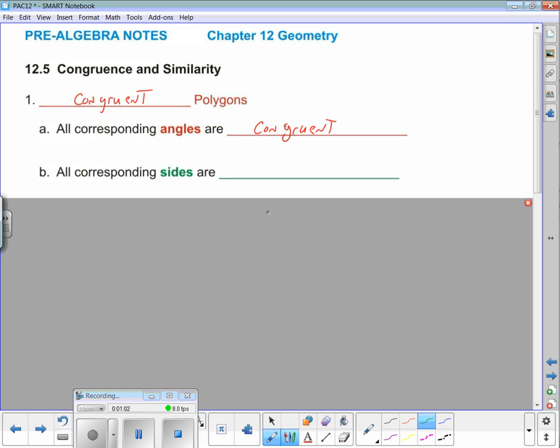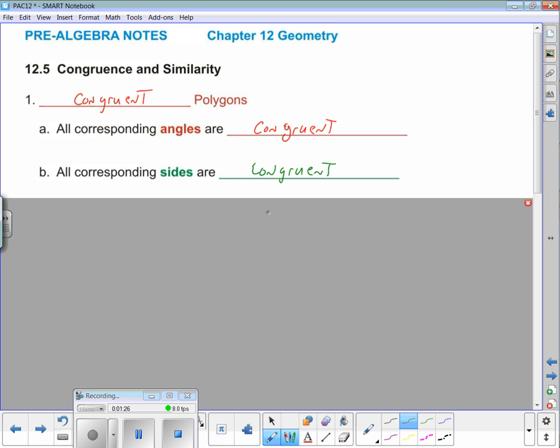Each corresponding angle of one polygon is congruent to the corresponding angle of the other polygon. And then the other part of congruent polygons is that all corresponding sides are congruent, which again means that the sides are the same length. So all corresponding angles are congruent, all corresponding sides are congruent.